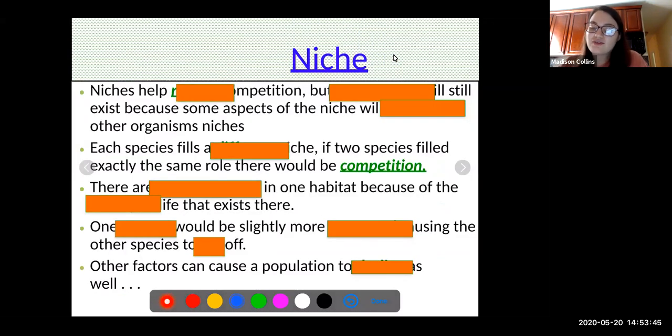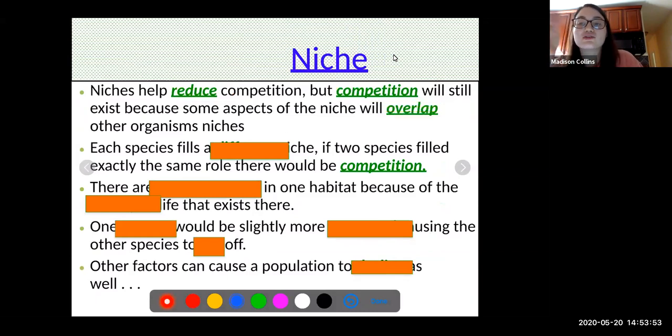Okay, so niches help reduce competition. However, competition still exists, because some aspects of that niche are going to overlap with different organisms. Some organisms might eat the same types of food or might live in the same environments. Because of that, their niches overlap in some sense, where they have similar purposes or similar roles to play.